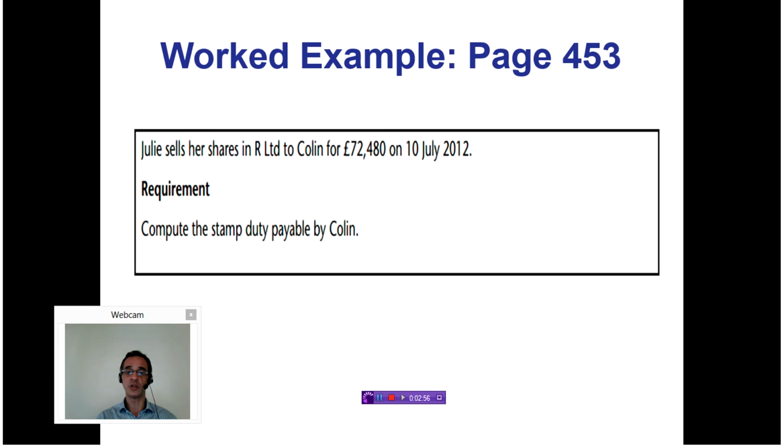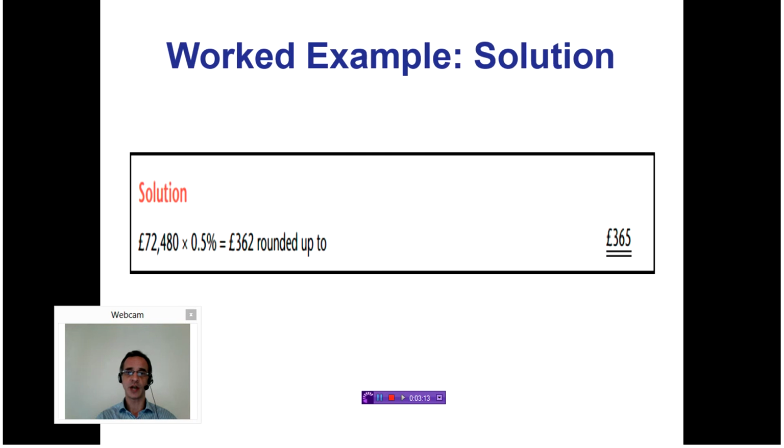When you look at this, you know that the exemptions are not going to apply, and the value is well above the £1,000 limit. So it looks as if there's going to be some sort of calculation here. Remember that we're rounding up as well, so watch out for that in the answer. We simply apply the percentage to the amount and round up to £365 and £362.